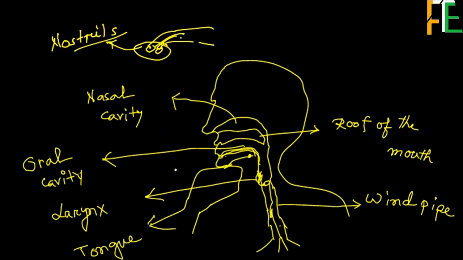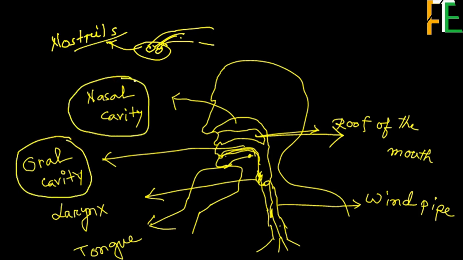We have the oral cavity, the roof of the mouth, and here the throat, the pharynx.